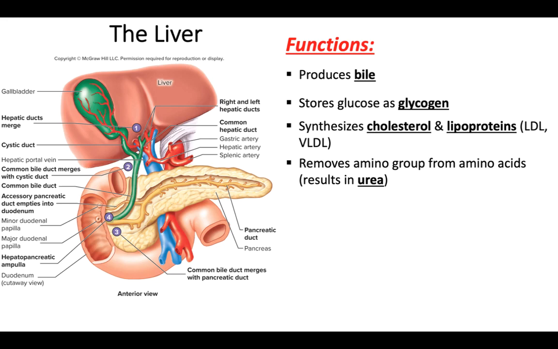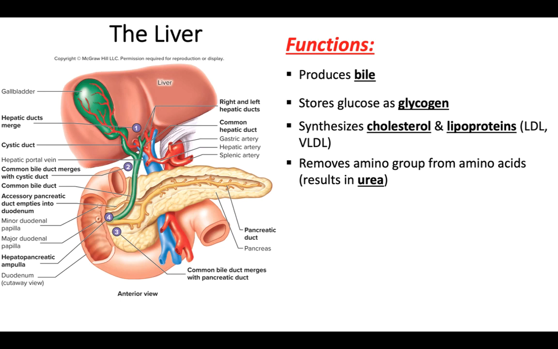Amino acids. So when you digest protein, break it down into amino acids, and absorb the amino acids, they go to the liver via the portal vein, and the liver has to remove the amino group. Every amino acid has what's called an amino group, and that has to be removed if we're going to be using that amino acid.